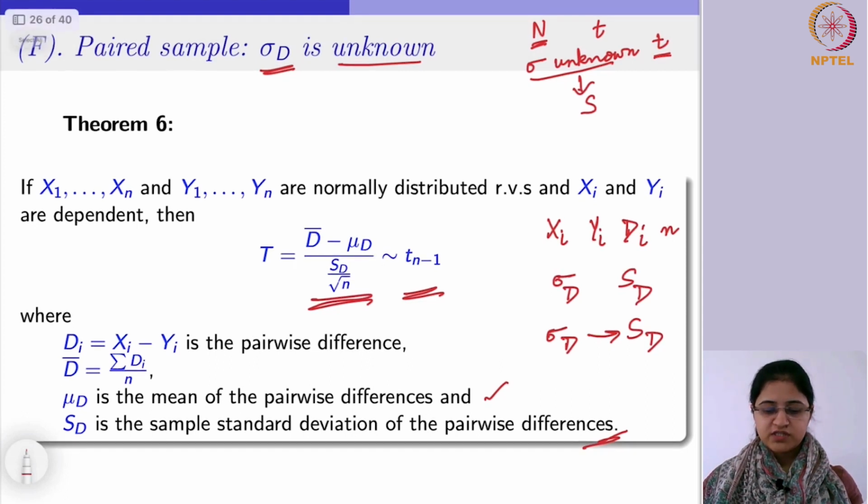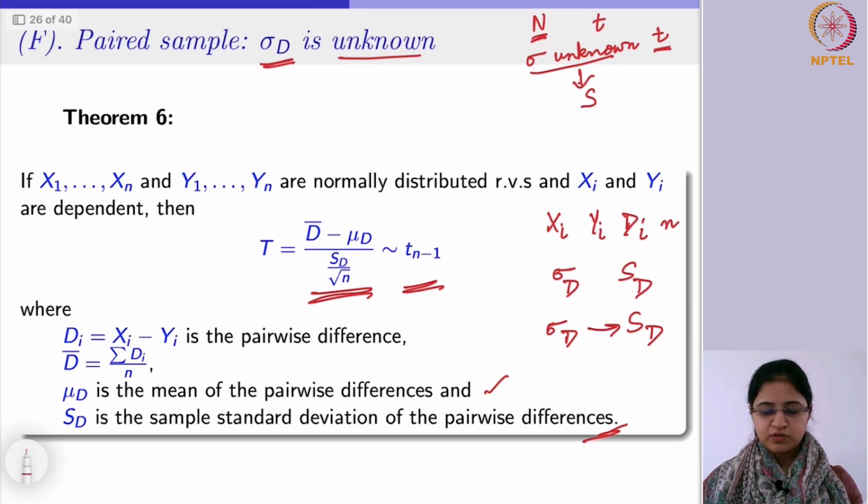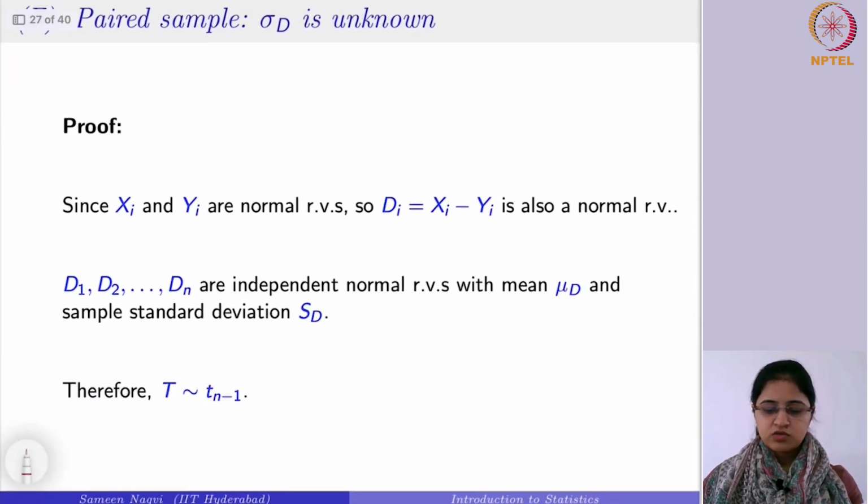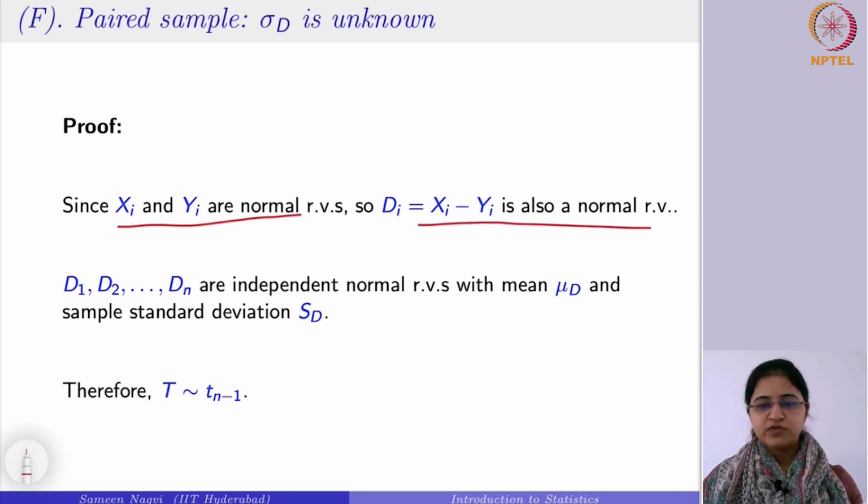And here also you can see that the proof is very simple. It is on the same lines as we have done just now, so I am just showing it to you here. As we have seen, xi's and yi's are normal random variables, so di, which is the difference between these two, is also a normal random variable. These are independent normal random variables, with the population mean and the sample standard deviation.